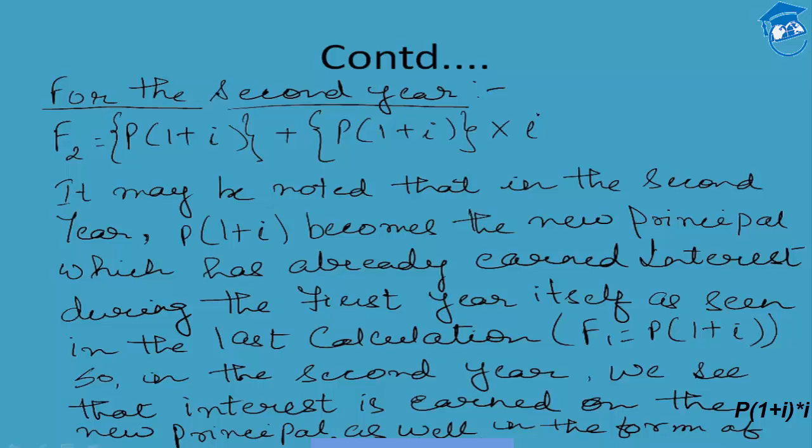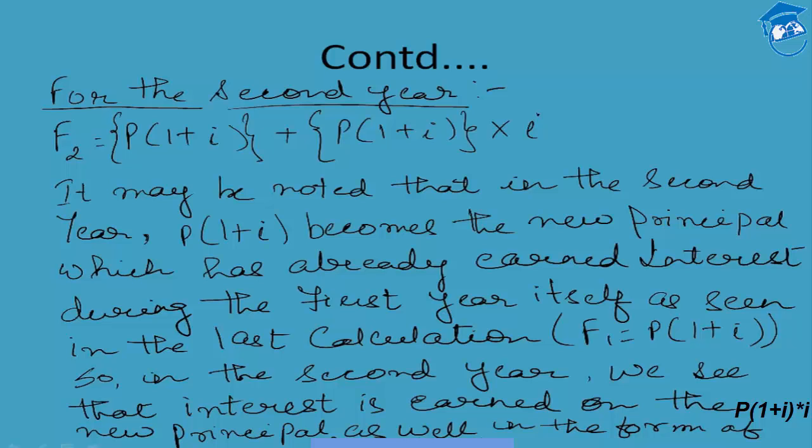So the principal plus interest of the last year becomes the new principal at the beginning of the second year, and throughout the second year, the new principal, that is P1 plus I, grows by I%. So 110 grows by another 10%. In numerical terms, your F2 will be 110 plus 110 multiplied by 10 by 100.